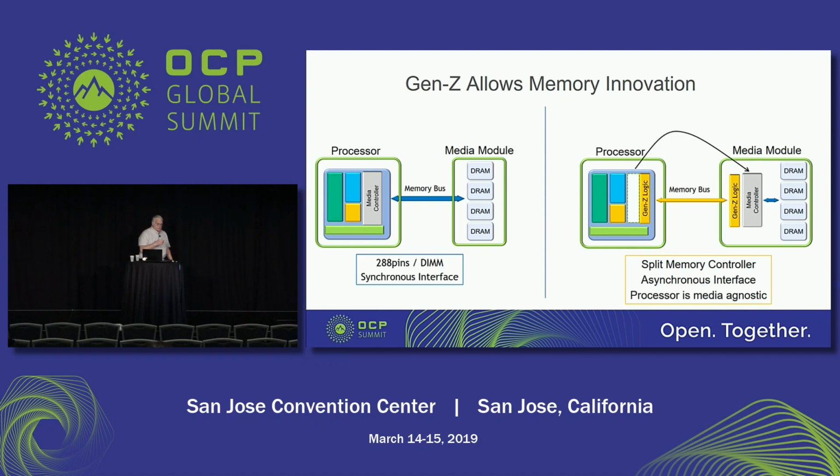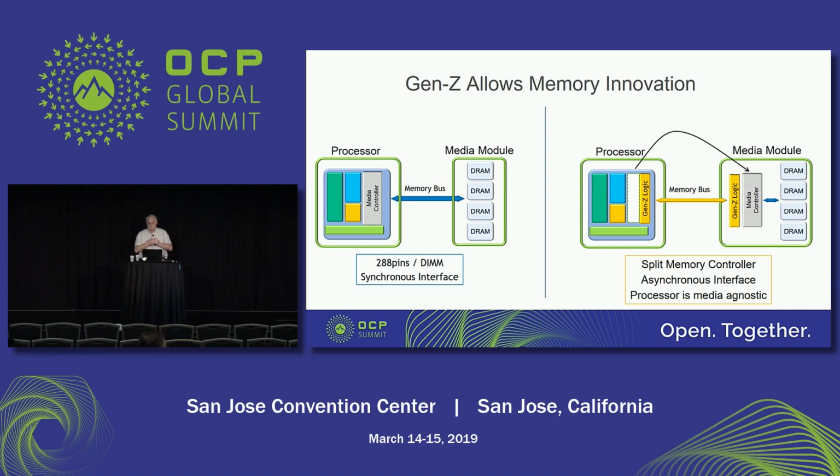So I talked around this a little bit, but let's look at it in a diagram. In this diagram, on the left-hand side, I've got a processor and its memory module. Right today, we have a memory controller that sits in the processor, and it generates a DDR bus communication out to those DRAMs.